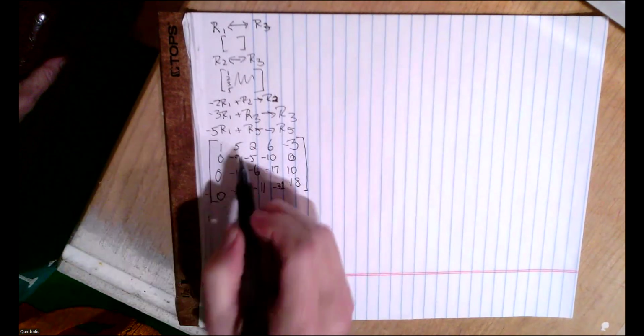Okay, now the next thing on the agenda, again, I want to create that sort of triangle of zeros on the lower part. I'm doing this as a step-by-step procedure. Next I want to get a one right over there.